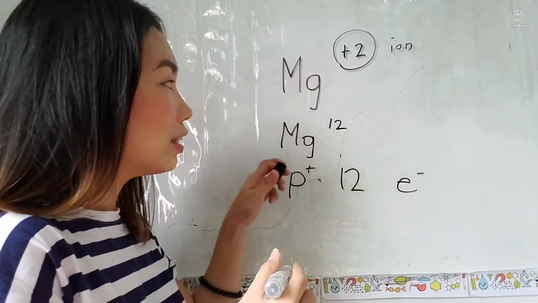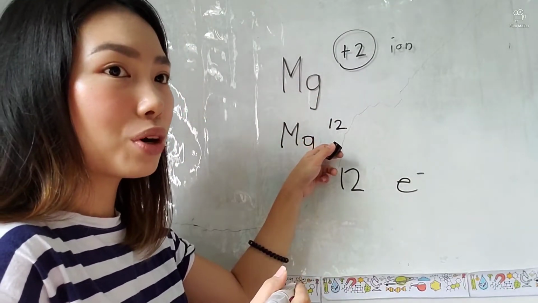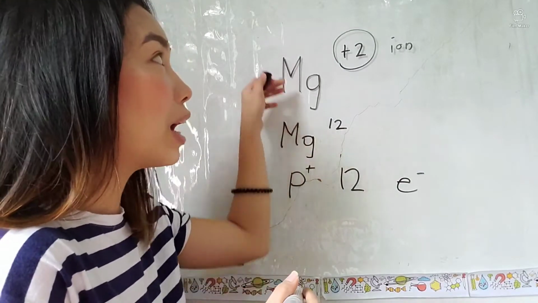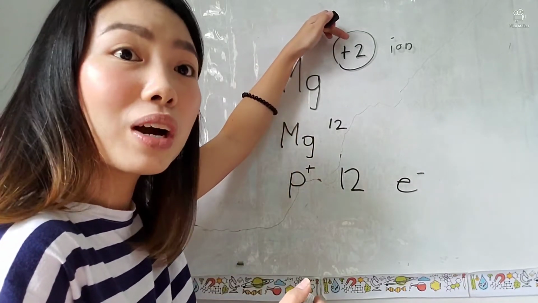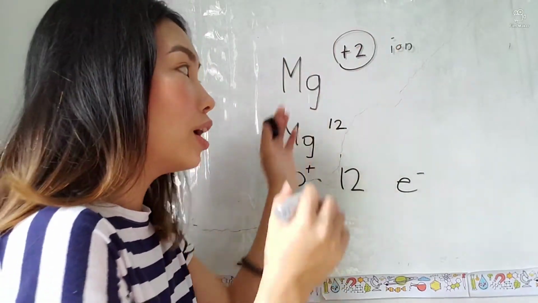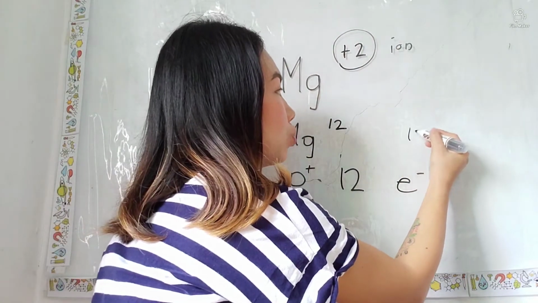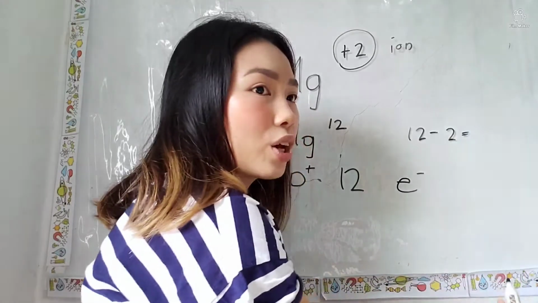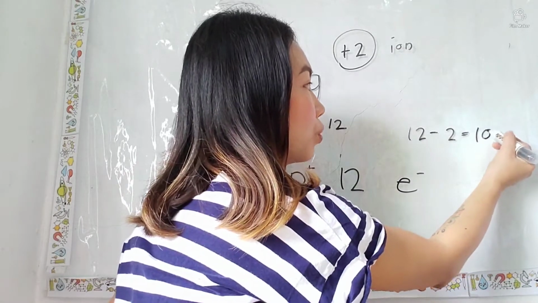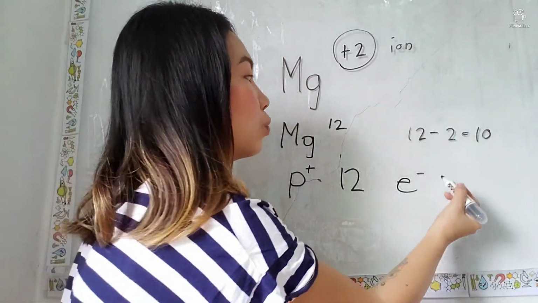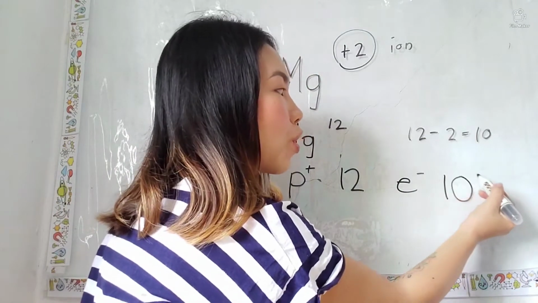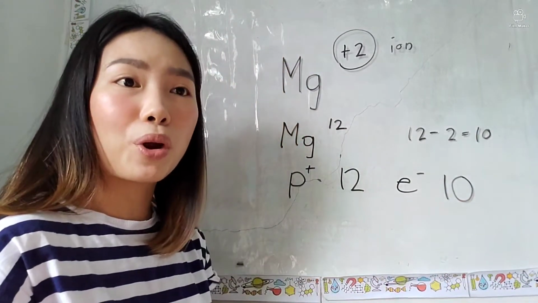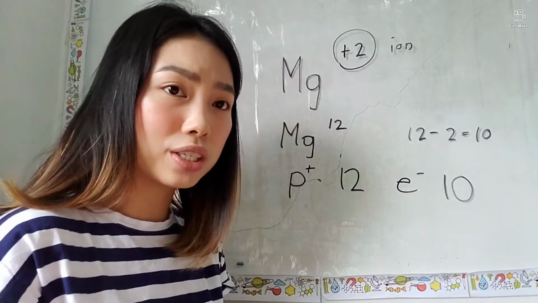So, kung ang ating atomic number is 12, minus mo ngayon yung present mong cation which is 2, we have 12 minus 2 is equals to 10, and that would be your answer for the number of electrons.